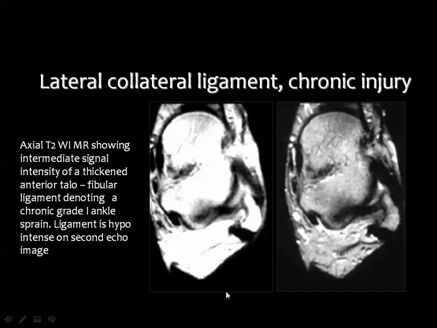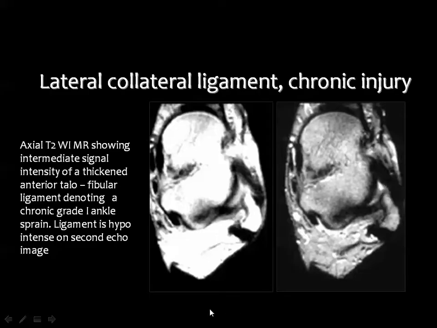With chronic ankle sprain, there may be diffuse thickening of the anterior talofibular ligament or the lateral collateral ligament, and this is known as chronic injury. The ligament will show almost normal dark signal in all pulse sequences, but its caliber has much increased.